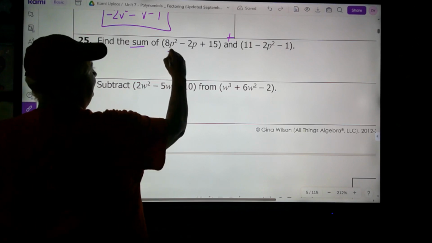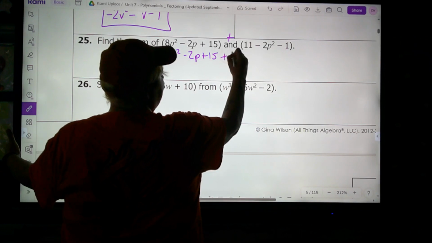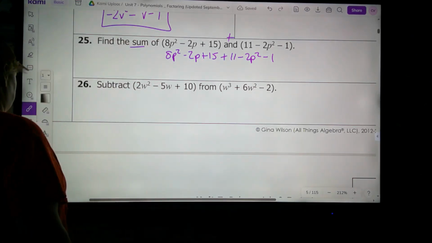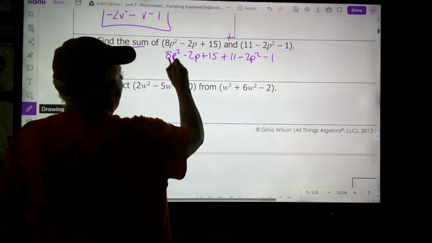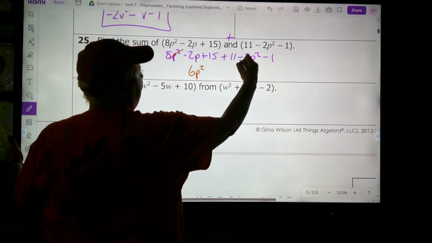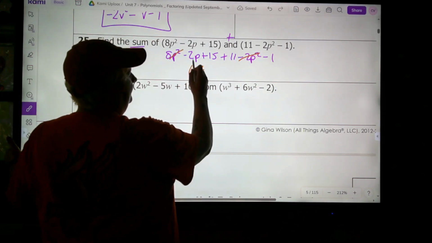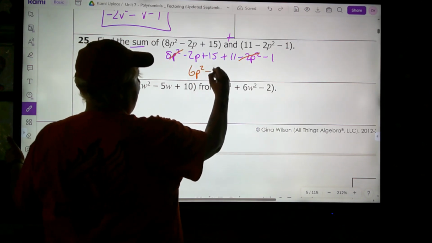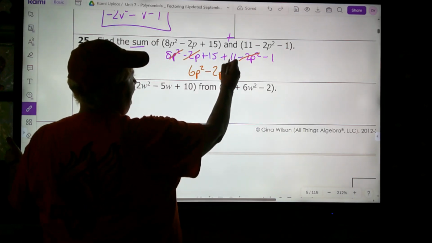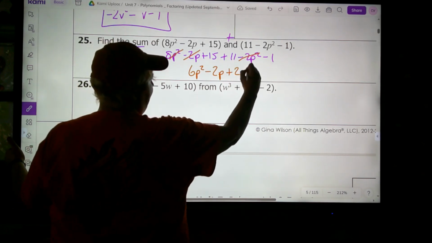We're not slow. 8p squared minus 2p plus 15 plus 11 minus 2p squared minus 1. 8p squared minus 2p squared is 6p squared. There's only a negative 2p, so I guess that comes down. We have 15 plus 11 is 26, minus 1 is 25.